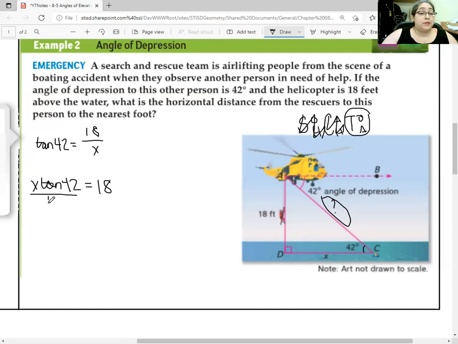I'm going to divide both sides by tangent of 42 because I want to isolate the x, get the x all by itself. That will give me the numeric value of x. And I find that x is whatever I get when I take 18 and divide it by the tangent of 42 degrees. And I'm going to stick that in my calculator.